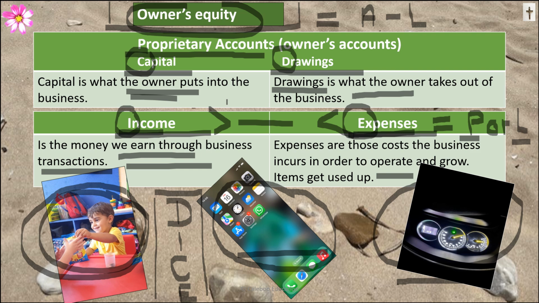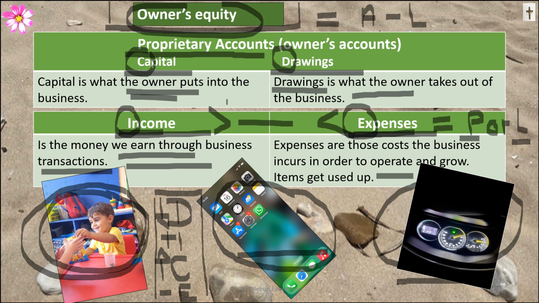And to calculate owner's equity, I say what the owner put in, capital, increases owner's equity. What the owner takes out, drawings, decreases owner's equity, plus income less expenses is a way of calculating owner's equity.